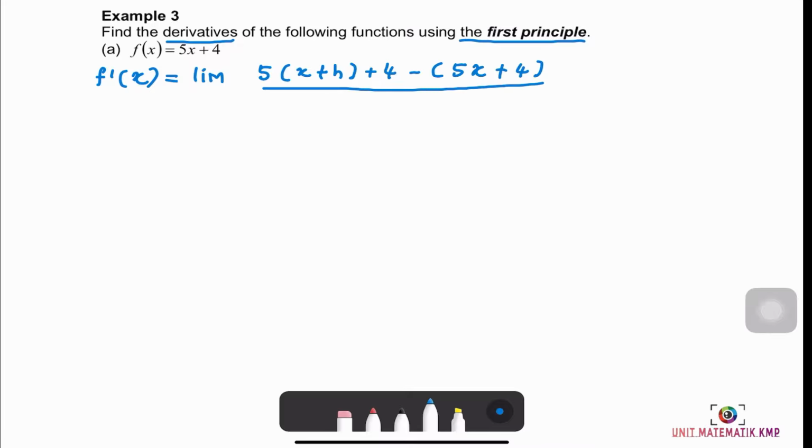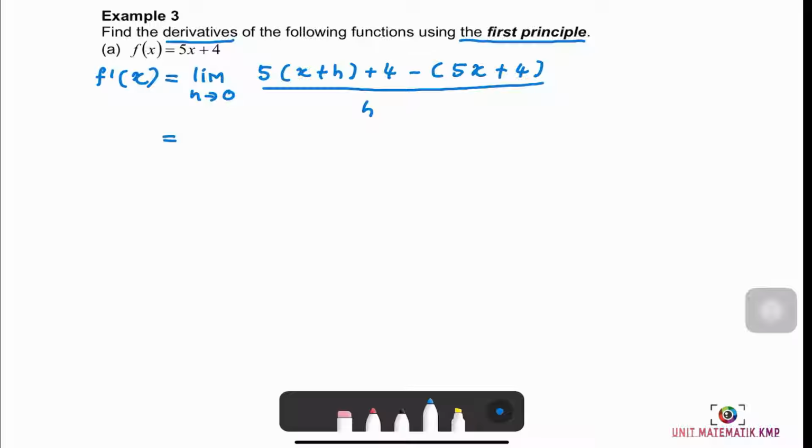First, we write f prime x equals the limit of 5 times x plus h, plus 4, minus 5x plus 4, over h, when h approaches 0.